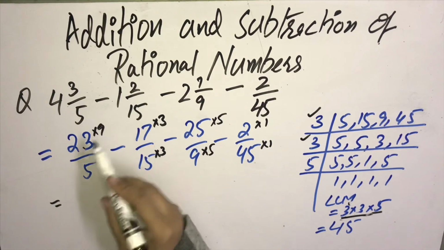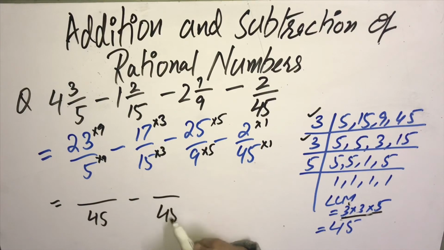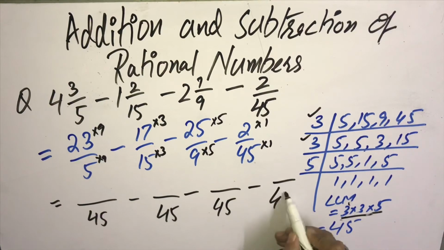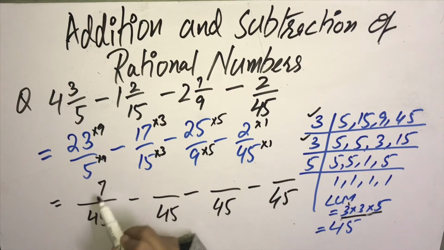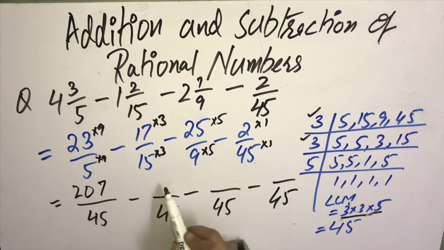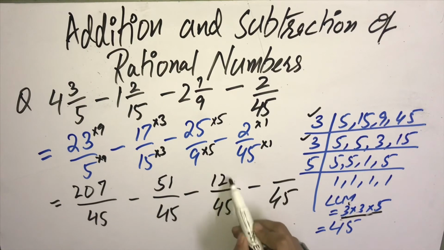The next step, we shall multiply the numerators with the respective numbers. This is 207, 51, 125 and 2 as it is.